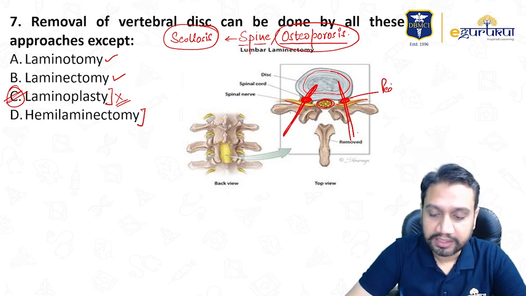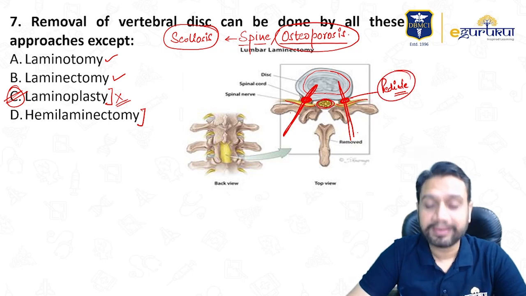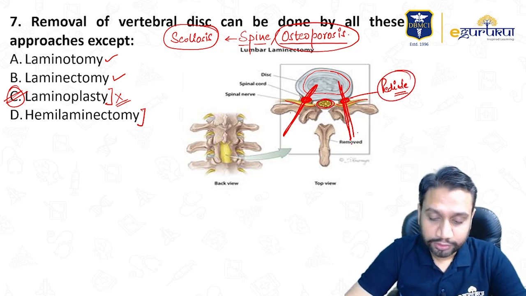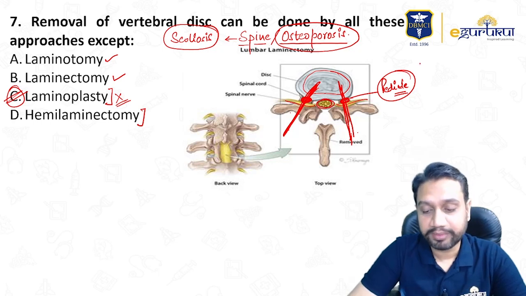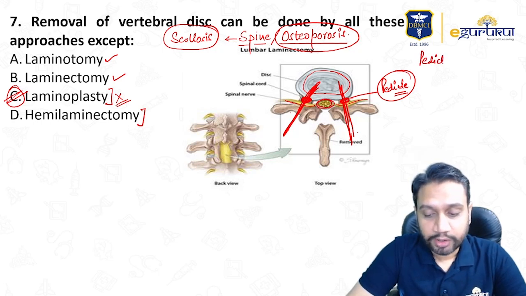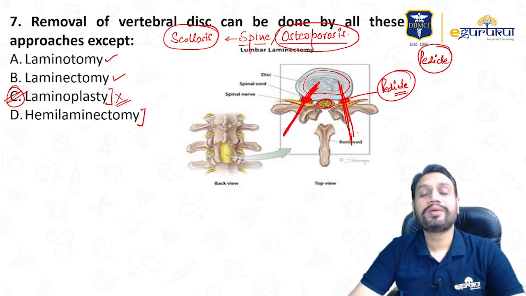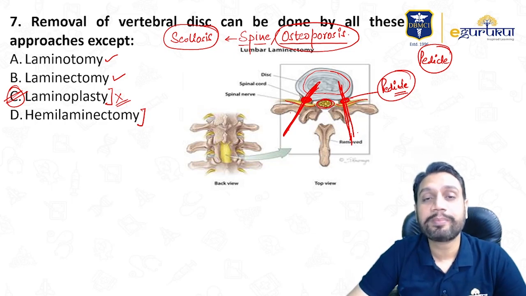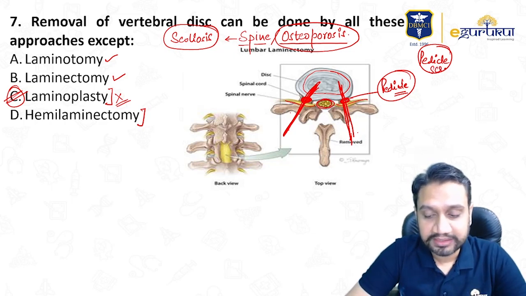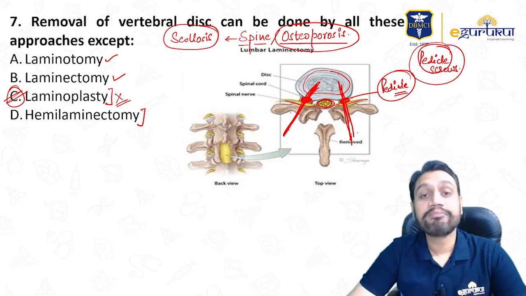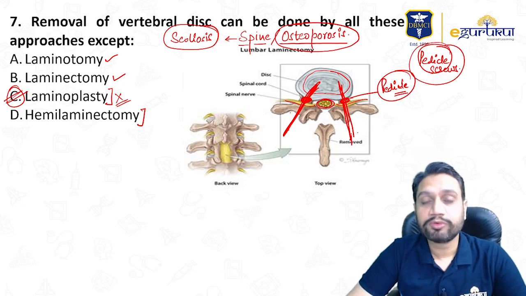This is our pedicle, the part which is connected to the body of the vertebra. That's why the screws are known as pedicle screws. So remember through which structure the screws will be passed into the body of the vertebra: the pedicle. That's why we call them pedicle screws. So removal of the vertebral disc can be done by all these procedures. The screw is a pedicle screw, which will be passed through the pedicle.